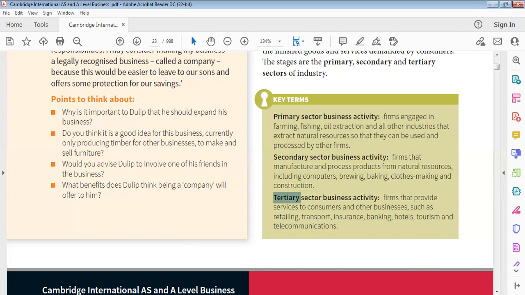So usually a country moves from one type of activity to the other. Australia, maybe 50 or 100 years ago, was only focused on farming, or primary activity. Then when they got a bit richer, they started making factories, when people from other countries came in and invested money.